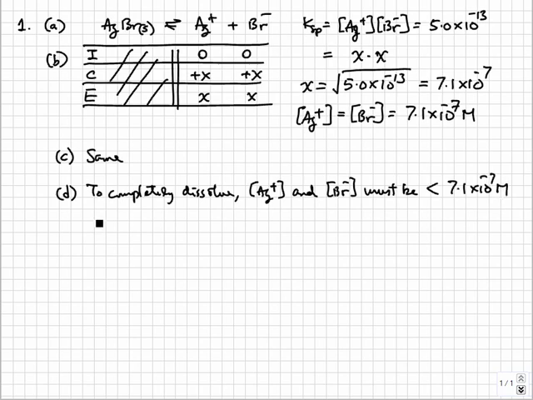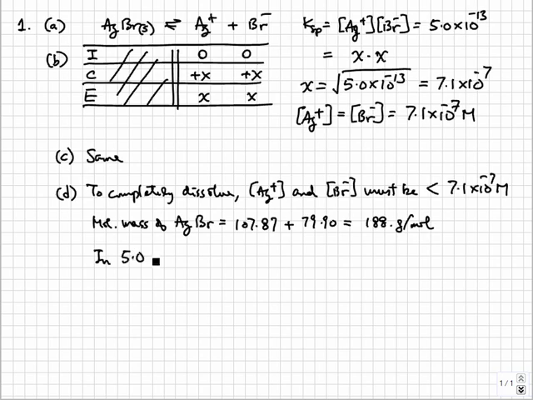We calculate the molar mass of AgBr. The number of moles of AgBr in 5.0 grams is given by the mass divided by the molar mass.